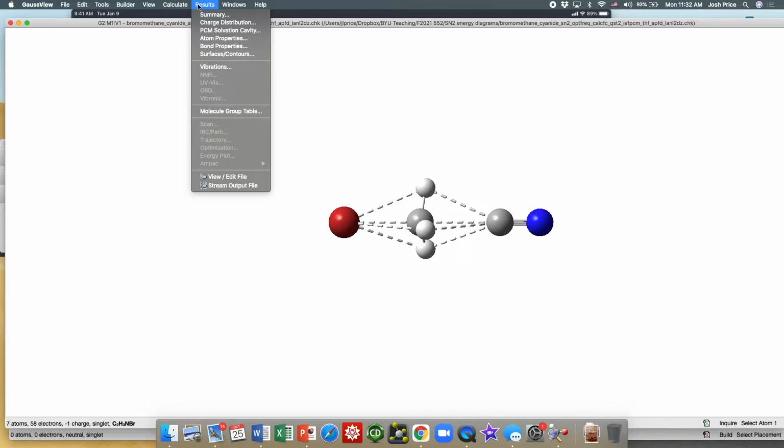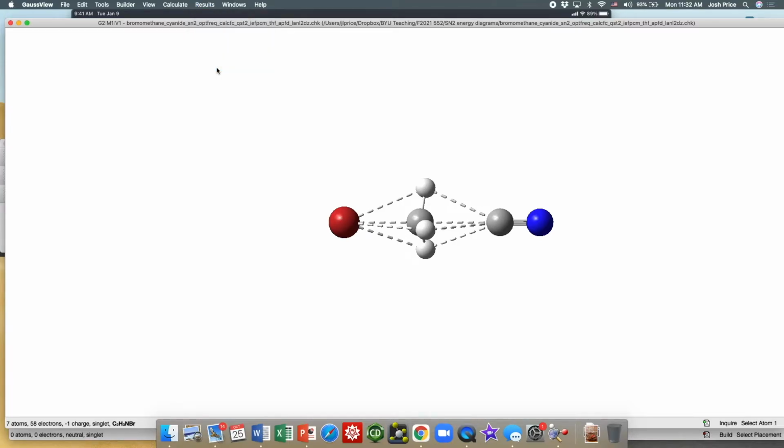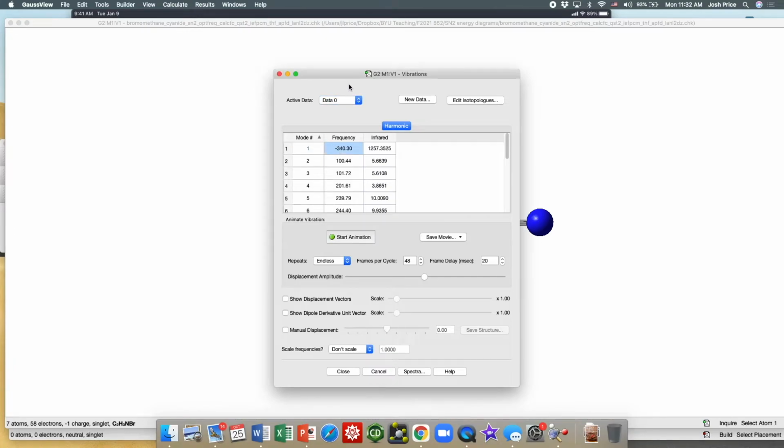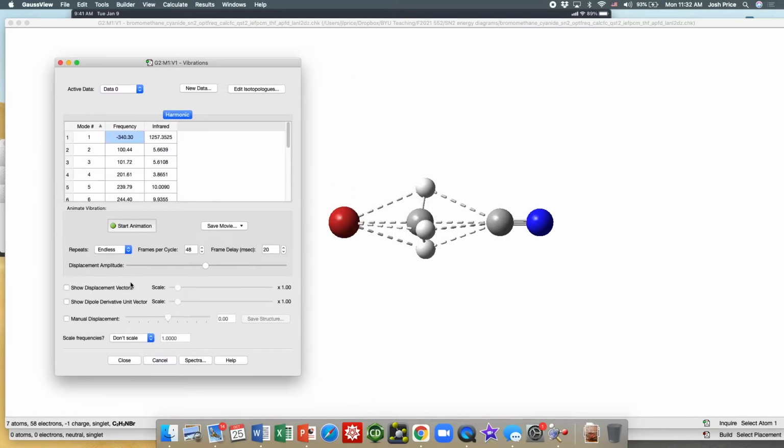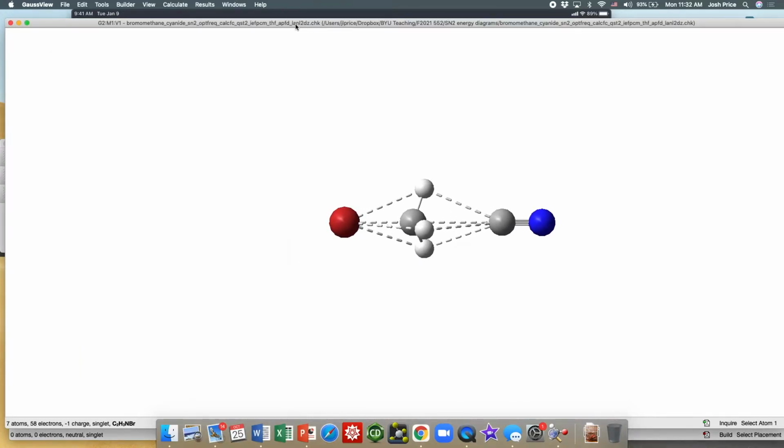So, results, vibrations. So this is the vibration that's calculated that we're talking about when we say a vibration that makes you move down the reaction coordinate.